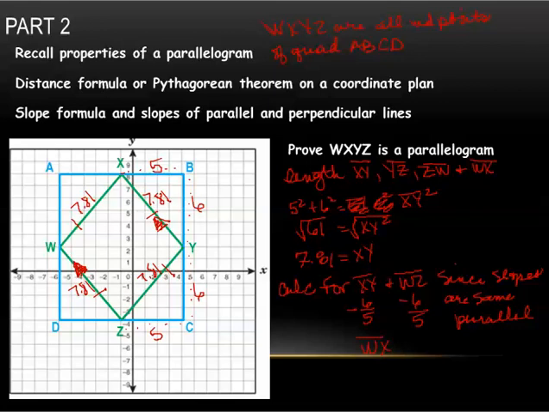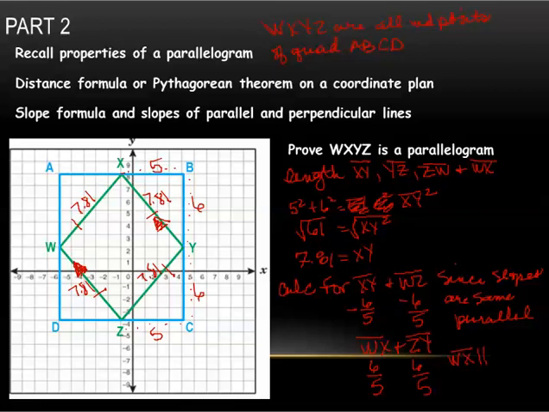So WX and ZY. Now if you look, they're going up from left to right, so that means they're positive. And my rise here is 6, my run is 5. So for both of those, I'm just dealing with a positive 6/5. So I'm going to write out here the official way.